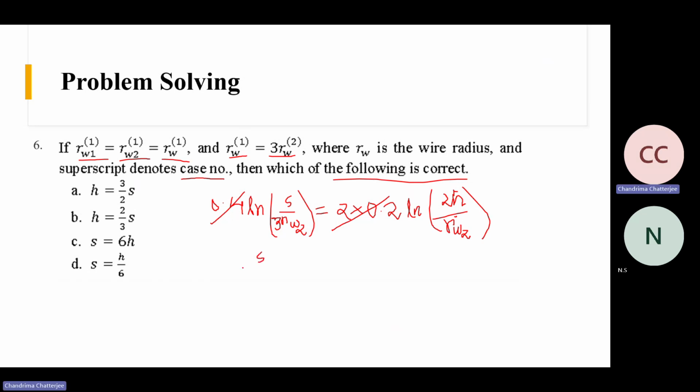Rw2 will also cancel. So S by 3 is equal to 2H. Then S is equal to 6H. So option C is correct. Fine.